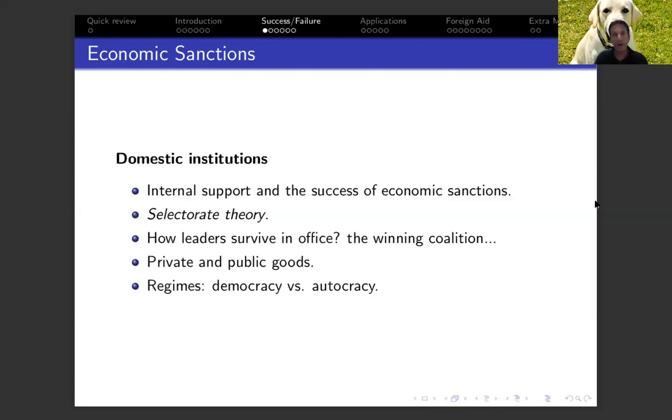At the same time, a private good is, for example, if we stay with the idea of a Republican president, providing tax breaks for the wealthy. Because this is just part of the population that gets benefits from the leadership, and on some level, it's more likely that this part of the population will also support the leadership. So that's an action that the leader is taking in order to ensure his survival in office.